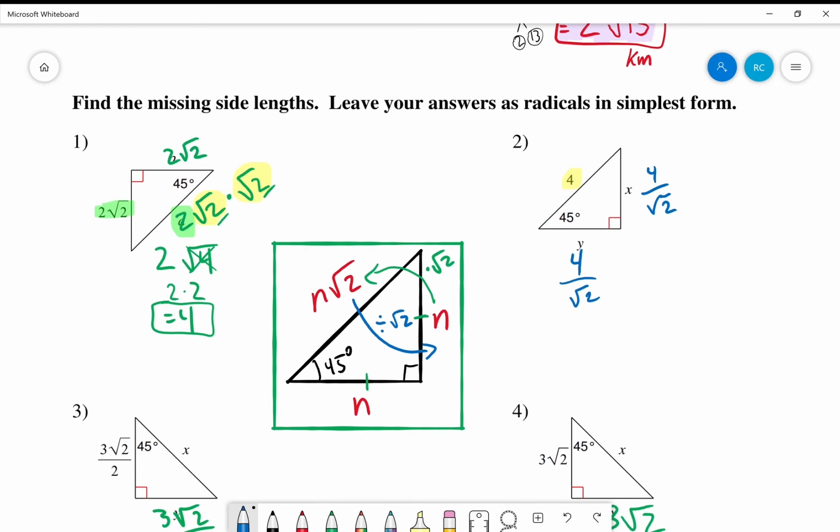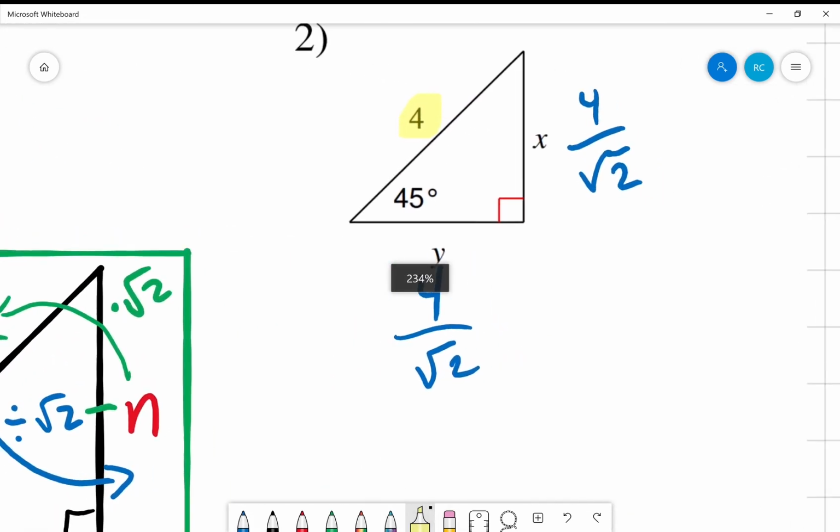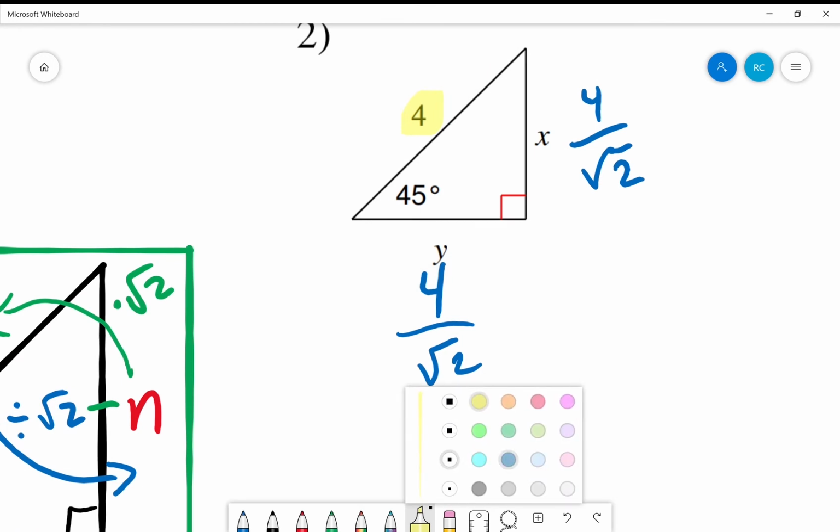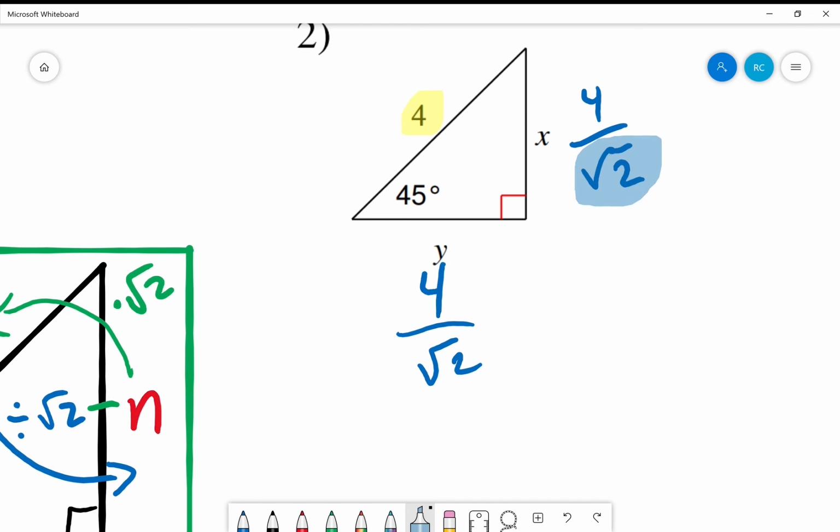Now, there is one small itsy-bitsy little complication. There is something that Khan Academy has against, and the mathematical community in general has against having square roots in the bottom, in the denominator. For some reason that I have not been able to figure out, despite asking many professors over the years why, there's just, for some reason, we have a problem with it.